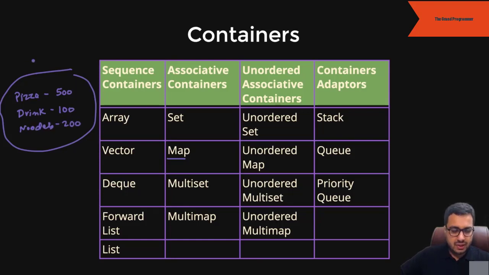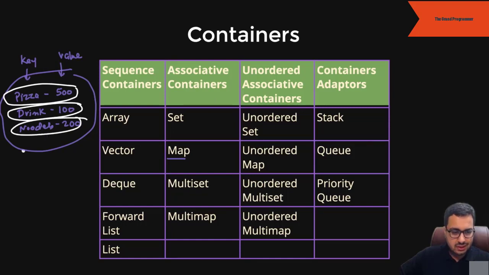So what we can say is we have something which is known as key, something which is known as a value. So basically we are inserting these pairs inside a container, and what this map will do is keep data sorted by keys.